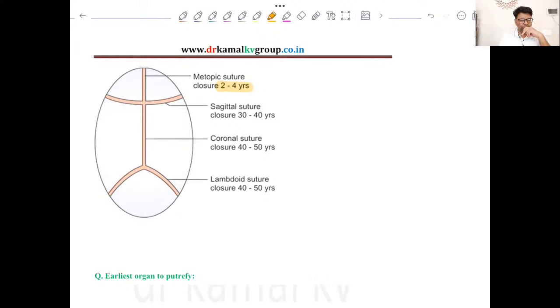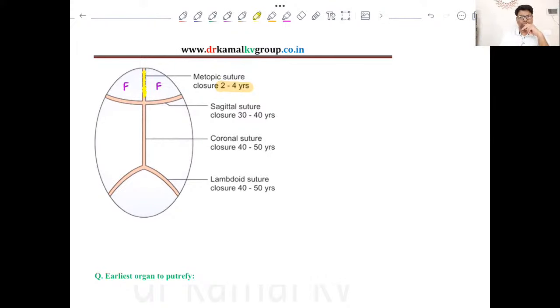Most of the time when we discuss, we always take the frontal bone as a single bone, but actually it was in two pieces. So this is frontal, right half, left half, and in between them there is the metopic suture, sometimes also known as the frontal suture.